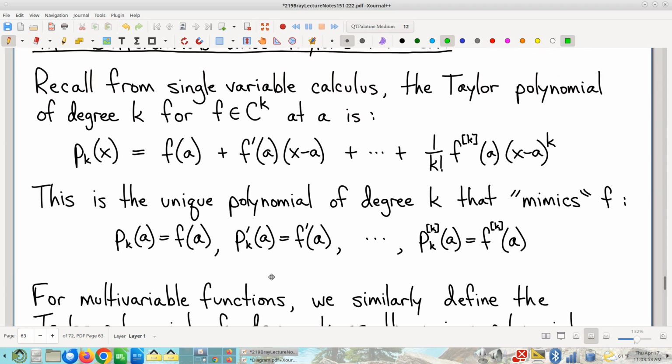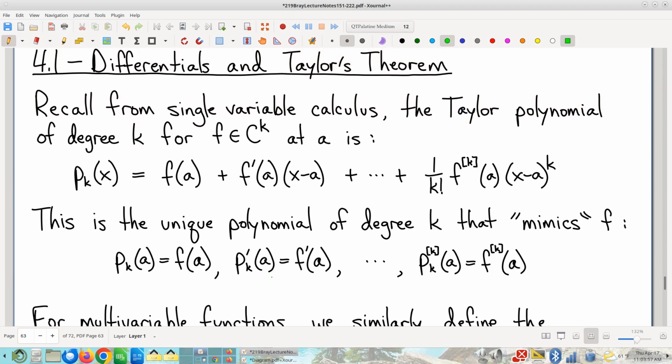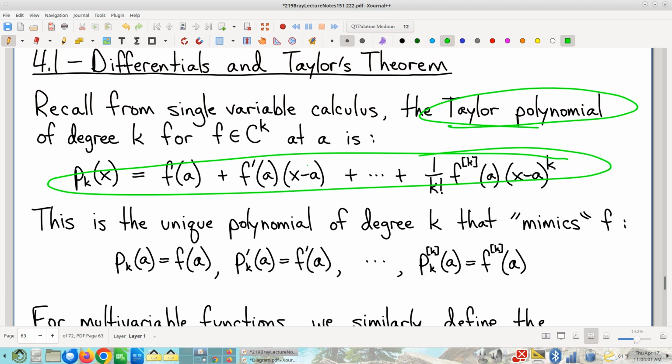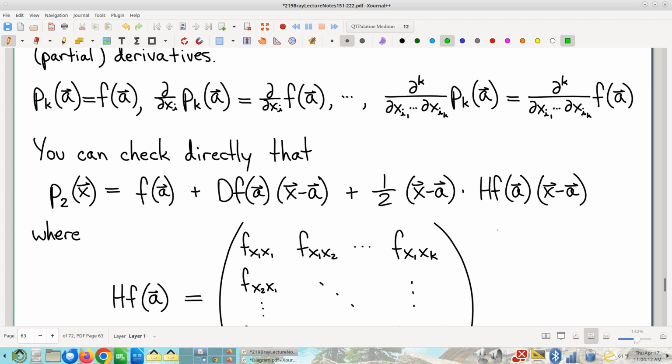Section 4.1, there's really very little to say. There is this idea that I'm sure you all remember from long ago called Taylor polynomials, and there's a formula for it. Basically, a Taylor polynomial is just a way to mimic a function with a polynomial. Well, you can do the same thing for multivariable functions.